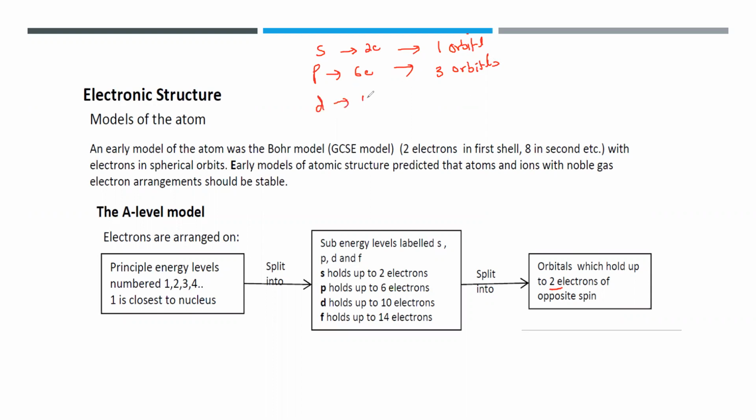D can hold a maximum of 10 electrons. So how many orbitals can it have? Because each orbital can hold 2 electrons, that is 5 orbitals. And F can have a maximum of 14 electrons, so it will have 7 orbitals. S will have only one orbital, and we represent the orbital by a box.